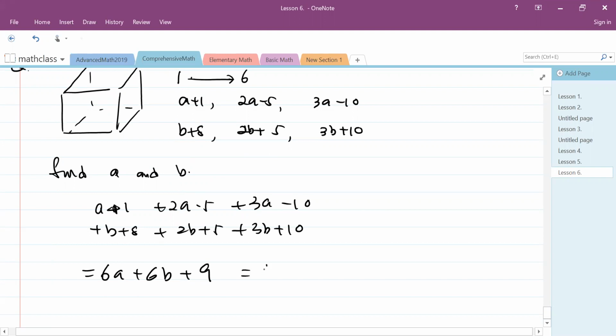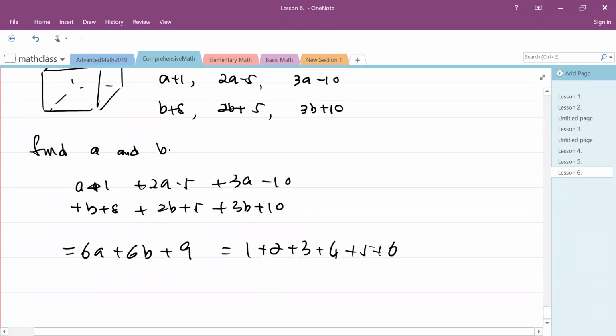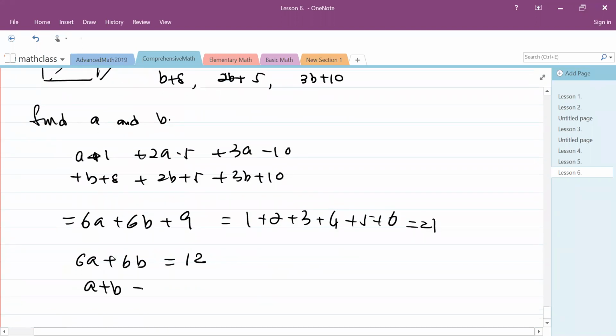But I know it's 1 plus 2 plus 3 plus 4 plus 5 plus 6. What is the value of this? 21, right? So 6a plus 6b is going to be 21 minus 9, 12. And then you will see that a plus b has a very simple relationship, just 2.